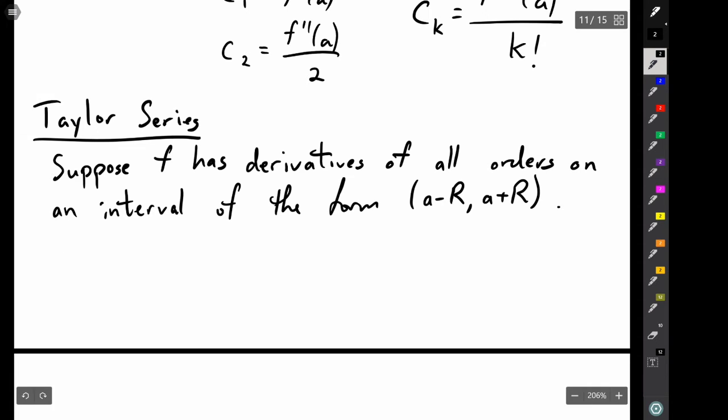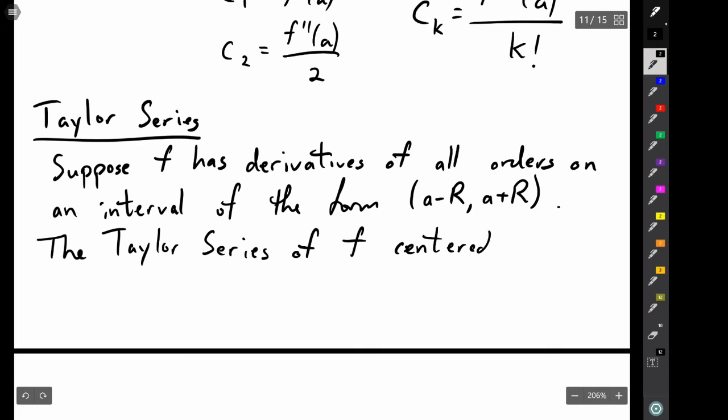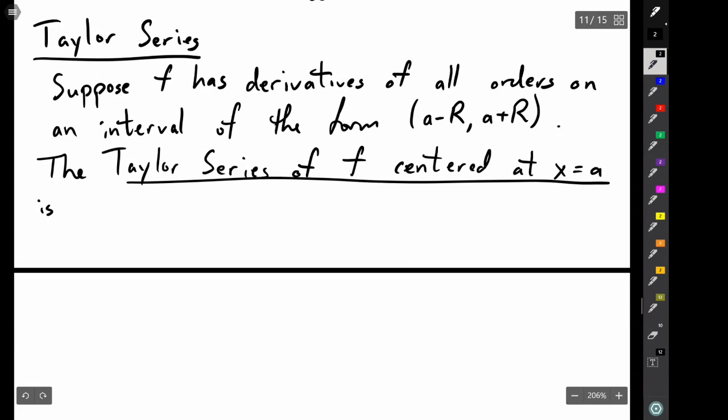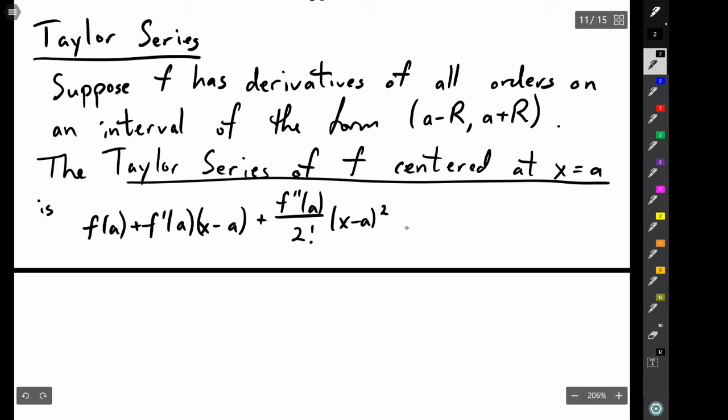Okay? Then we say that the Taylor series of f centered at x equals a, this is given by f of a plus f prime of a times x minus a, okay, plus f double prime of a over 2 factorial times x minus a squared plus ... which is just equal to the sum from k equals 0 to infinity of the kth derivative of f at a over k factorial times x minus a to the k.